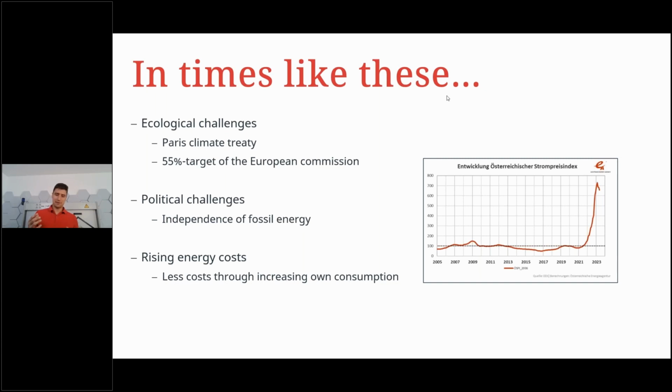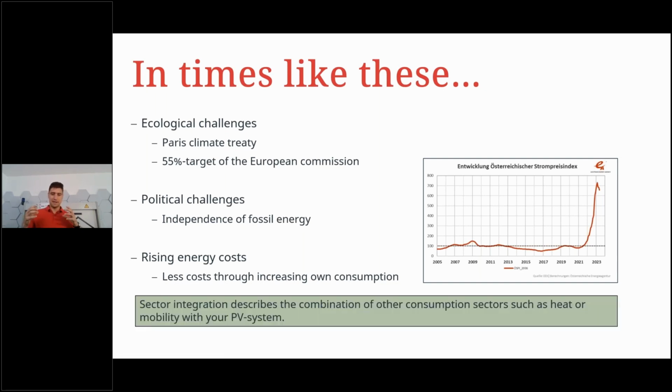And this is where today's topic comes into play, sector integration. By sector integration, we mean including other consumption sectors, such as heat, for example, or mobility, with our PV system, so that your PV system is not only fueling your washing machine and your dishwasher, but also other consumption sectors.